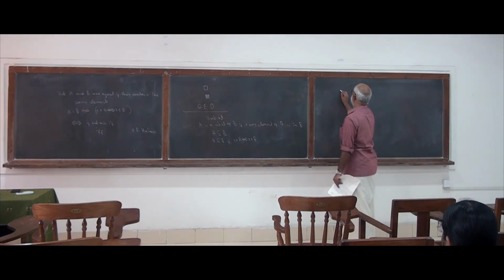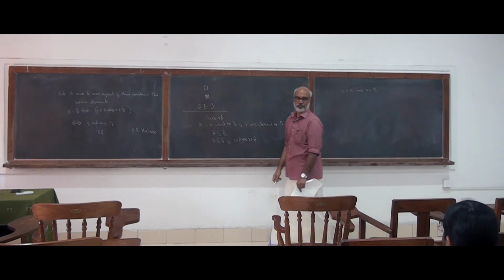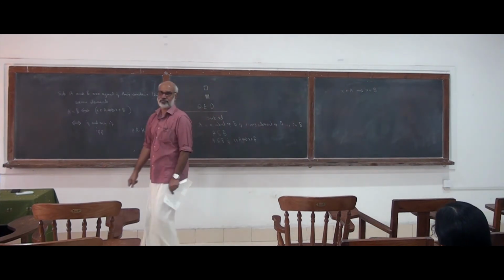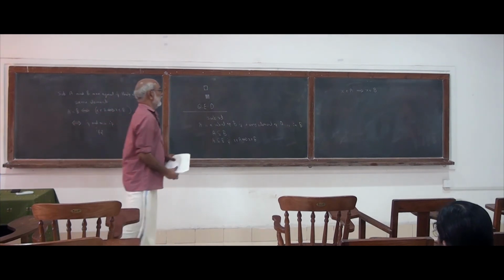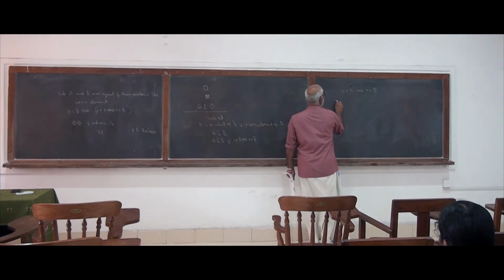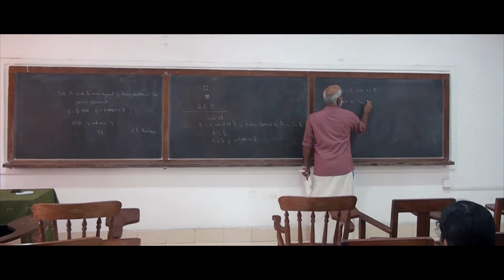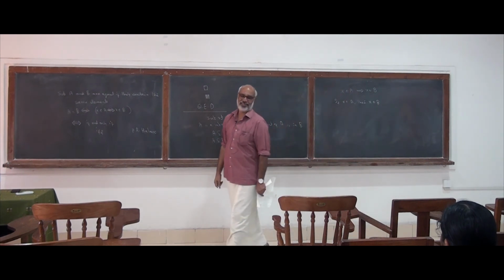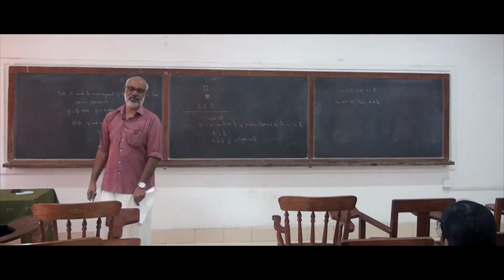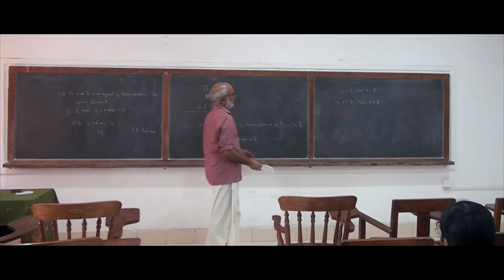Now, what is the meaning of this implies? x is an element of A implies x is an element of B. This means that if x is an element of A, then x is an element of B. That is the meaning of this. For that, this arrow is used.